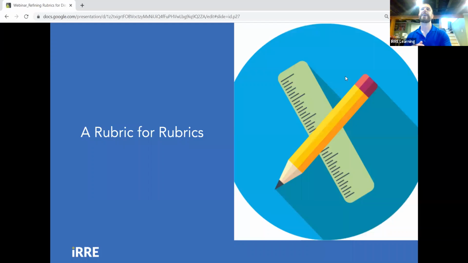Where we do want to spend some time, though, is thinking about what it takes to re-examine some of our rubrics to make sure they most effectively communicate our expectations to students, as well as some best practices that we can use as talking points for examining those rubrics.